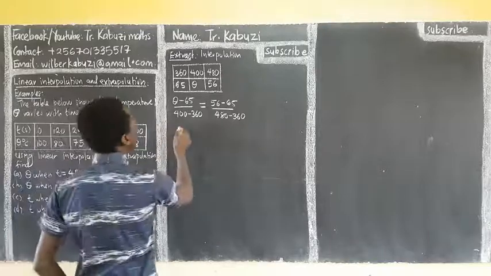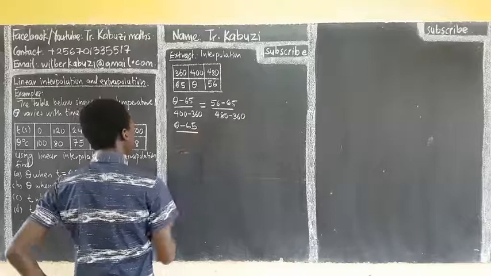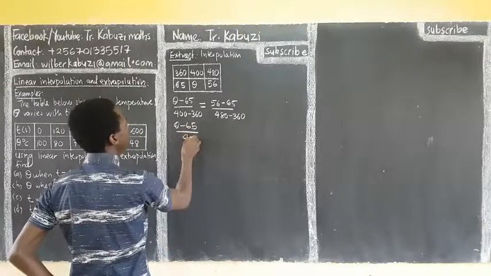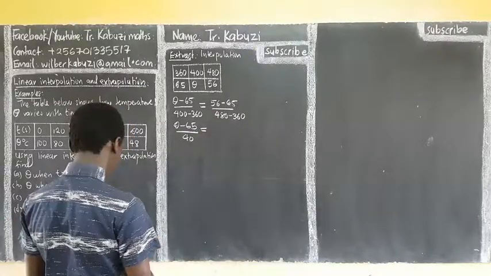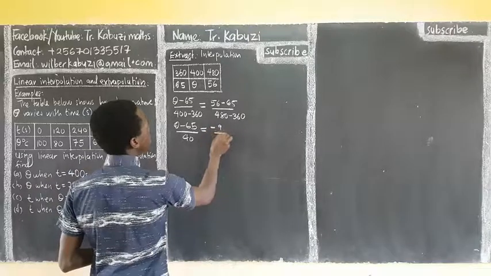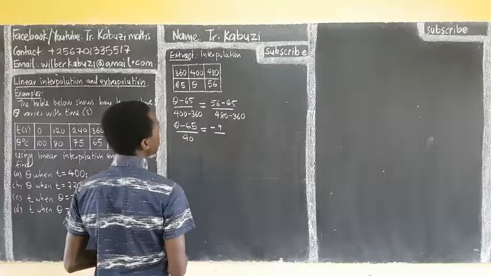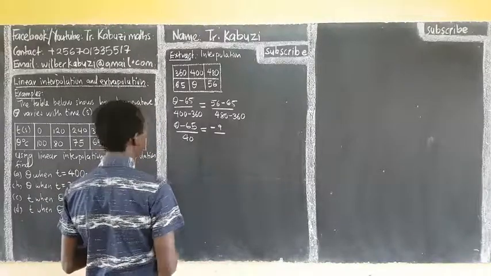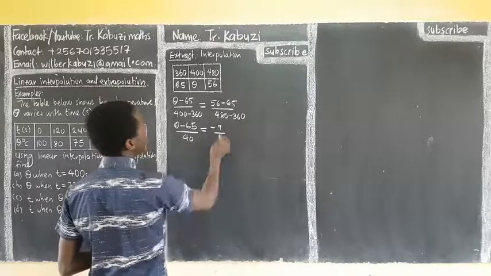So if you simplify here, we have theta minus 65 over 40, equaling negative 9 over 120.